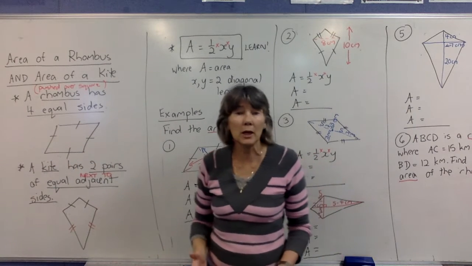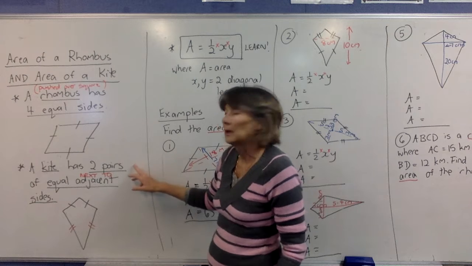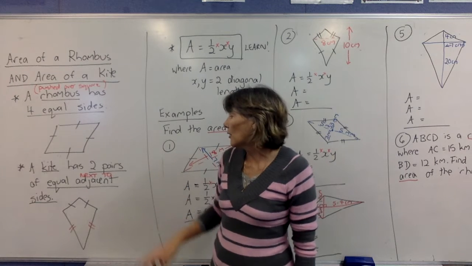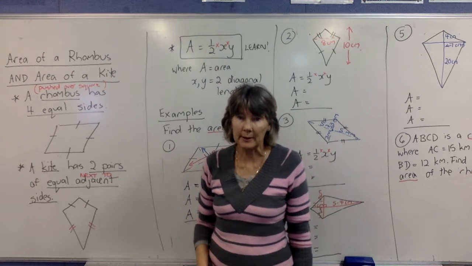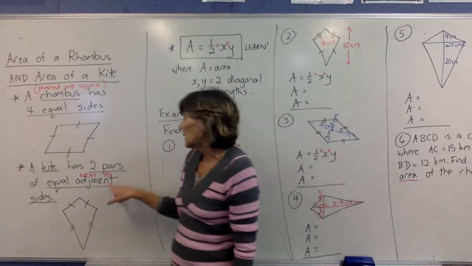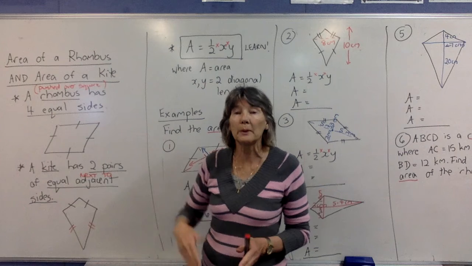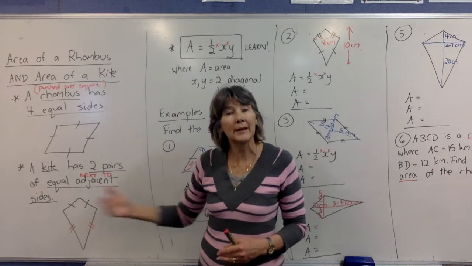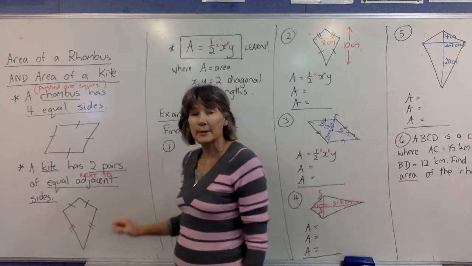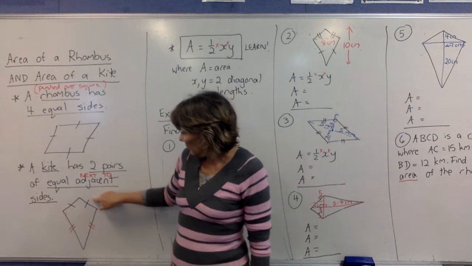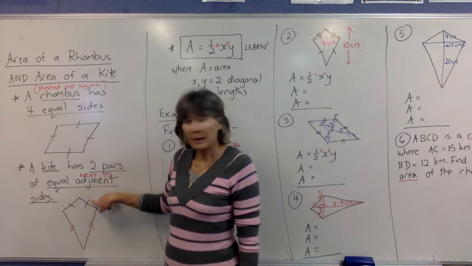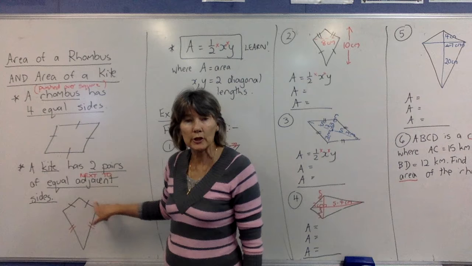A kite looks like a kite that you would see in the sky. It has 2 pairs of equal adjacent sides. Now what that means is, adjacent means next to. So the house adjacent to yours would be the house next door, the one next to you. So the sides that are adjacent would be, if it's looking at this side, it's this one here, because they're next to each other.